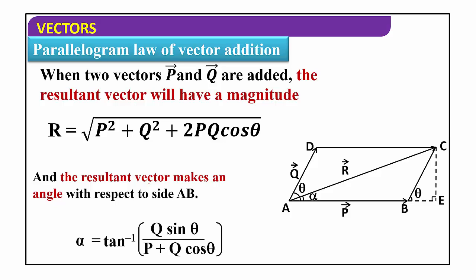So alpha equal to, we got an expression tan inverse of Q sin theta divided by P plus Q cos theta. So this gives direction and R gives magnitude. So this is an expression for magnitude and direction of two coplanar concurrent vectors. So in the next session, we can study some special cases related to these expressions.